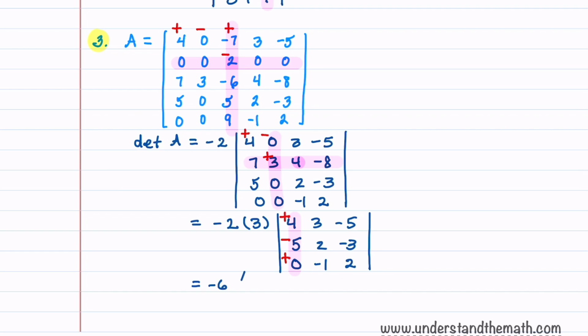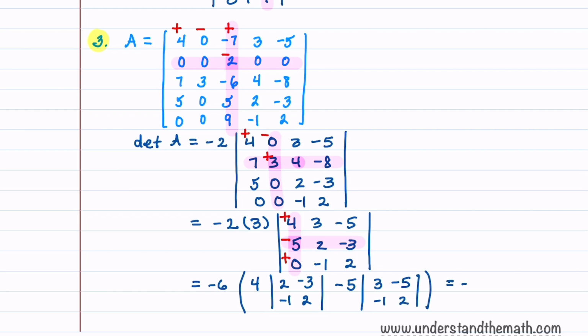So we'll do a bracket here. Our first one is going to be 4 times the determinant that remains when we cross out that row. So this is going to be 2 minus 3 minus 1, 2. And then we have minus 5, and the determinant that remains there is going to be this one, and that's going to be 3 minus 5 minus 1, 2.